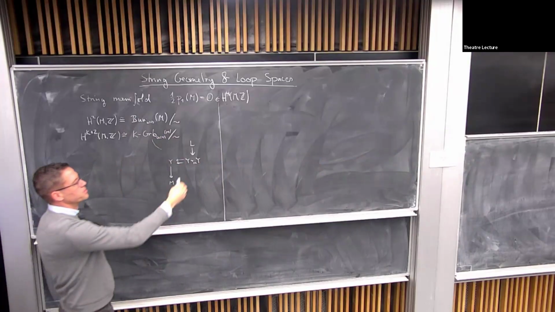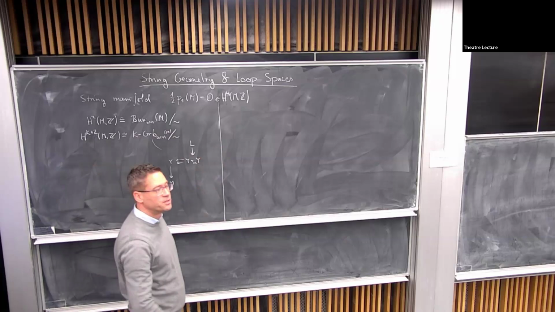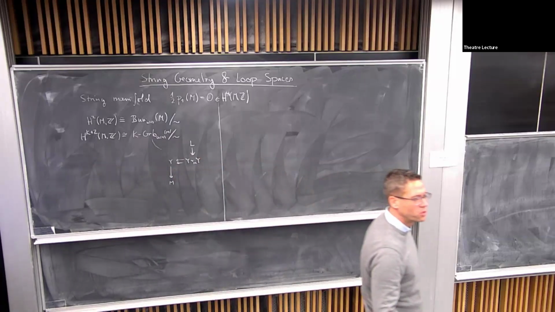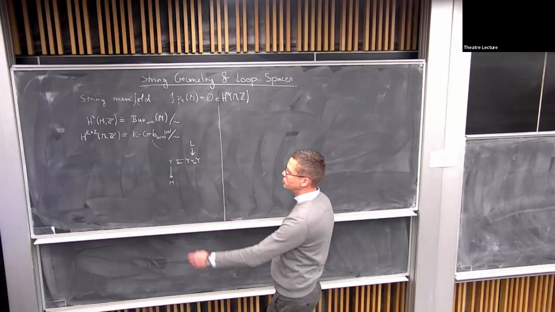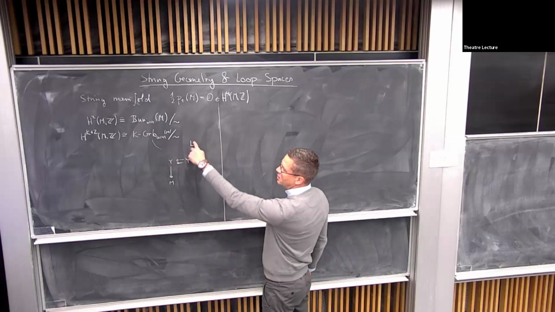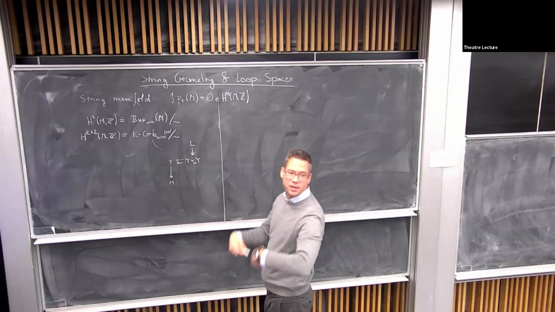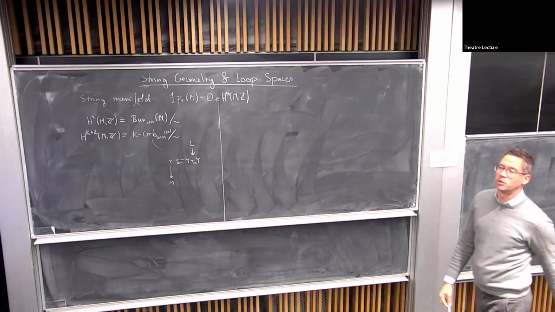And then there is coherence data on the higher intersections, which, for the purpose of this talk, I just don't mention. And so you see that for a k-gerb, there is this recursive definition where you put a (k-1)-gerb here. And that's how this theory is made.